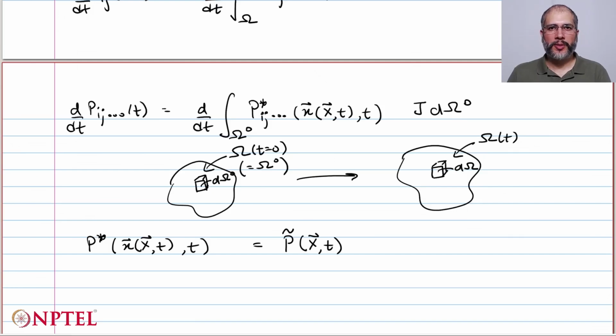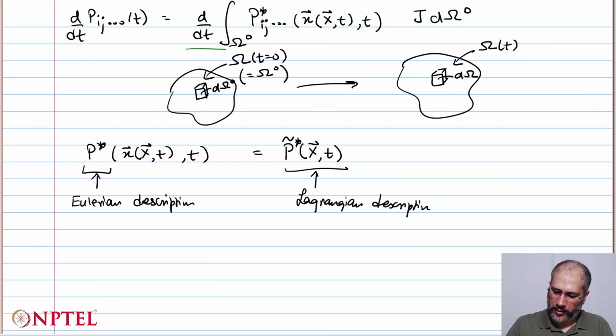So the value will be the same, but the mathematical function we will get will be different. So in our discussions, we'll be using the tilde symbol for the Lagrangian description and the non-tilde symbol for the Eulerian description.